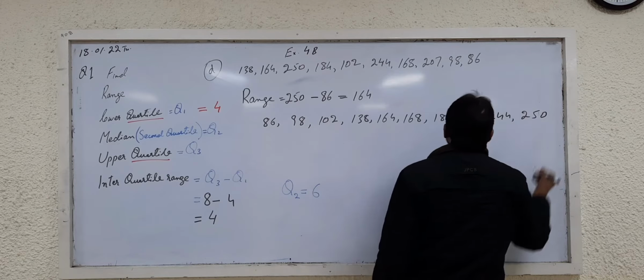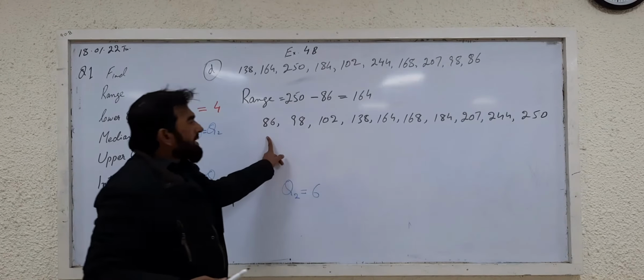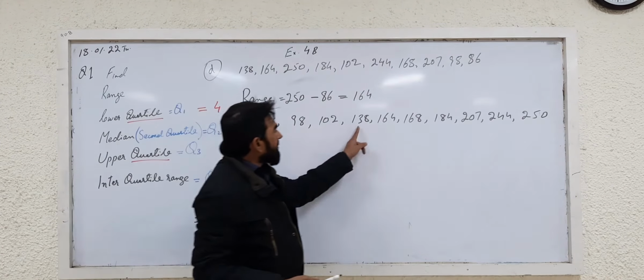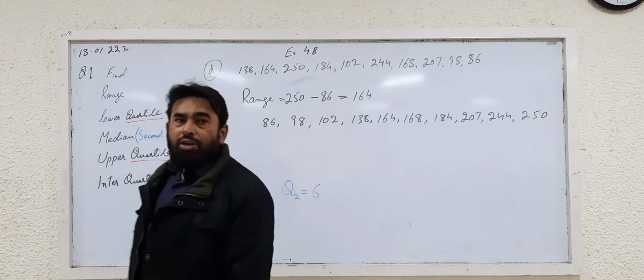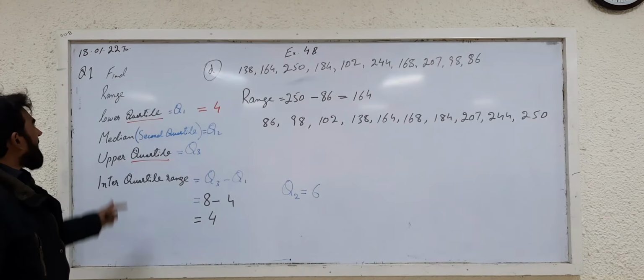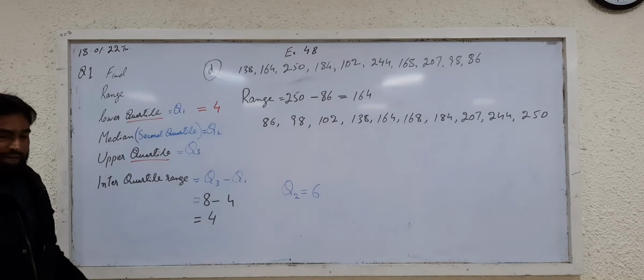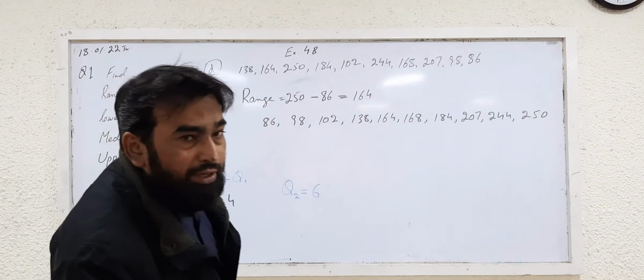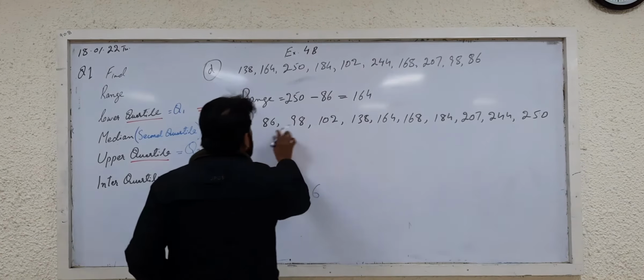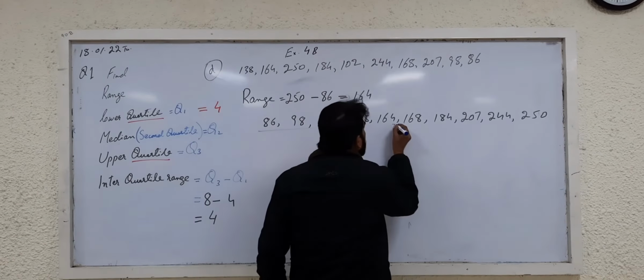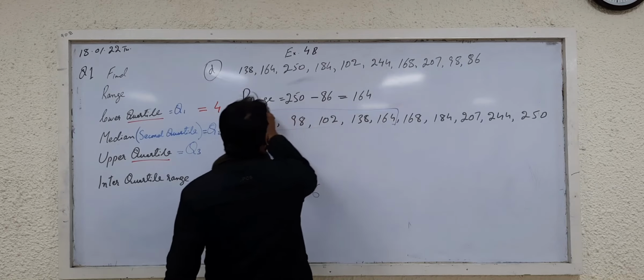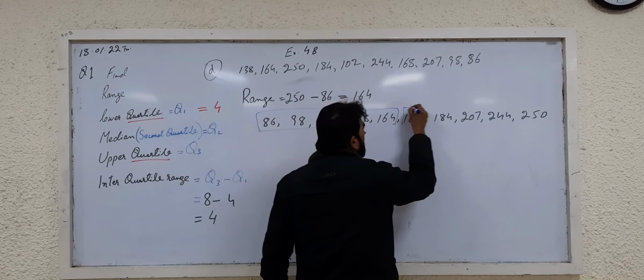Now here you can see that these are an even number of values, 1, 2, 3, 4, 5, 6, 7, 8, 9, 10. There are 10 values. Now how to find out the lower quartile? Again, I am going to divide the data into two parts. Half the data here on this side, half here.